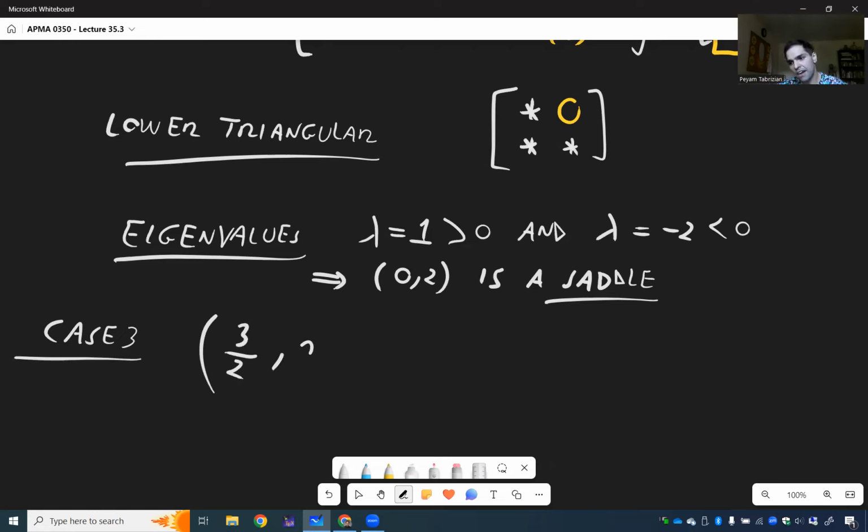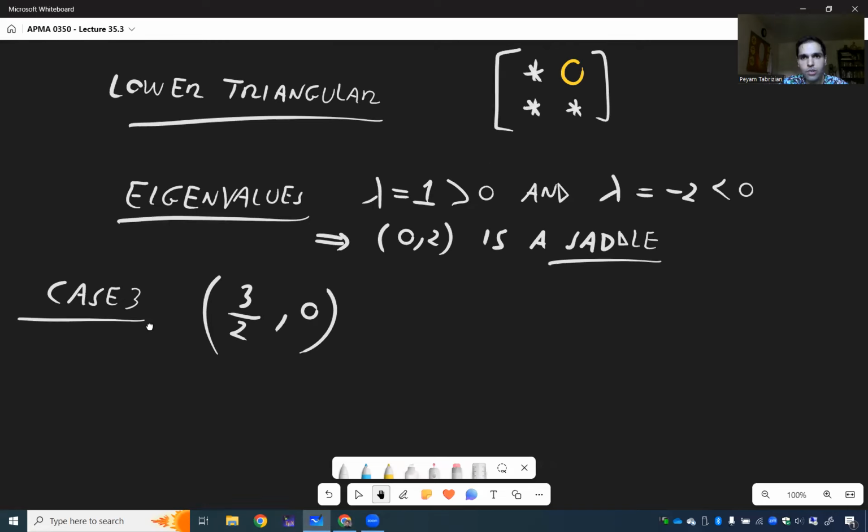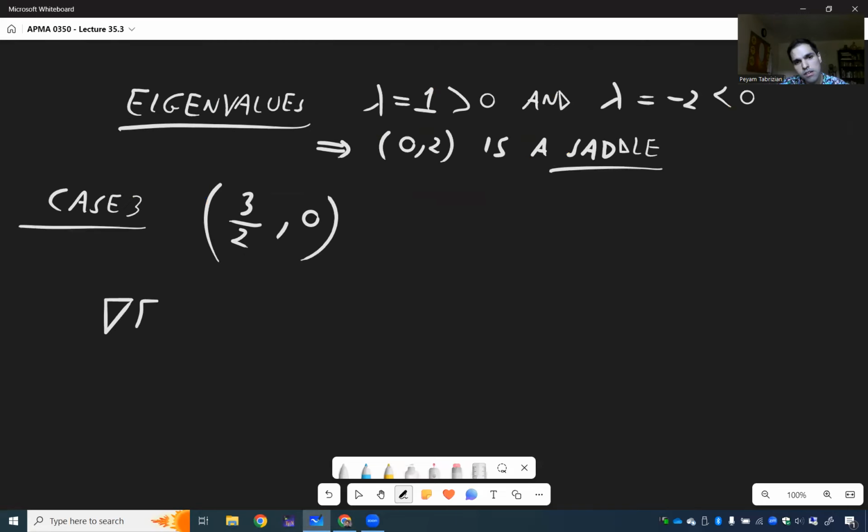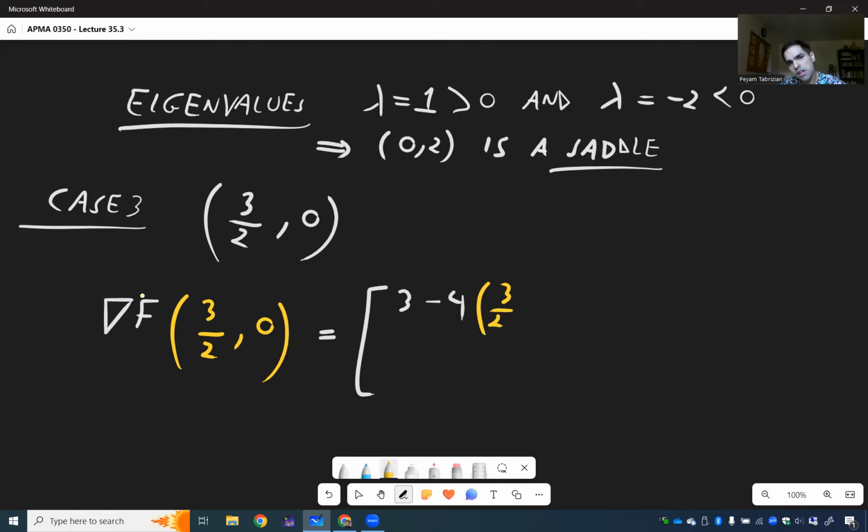So let's do (3/2, 0). So let's do the gradient of f at (3/2, 0). So that will be 3 minus 4 times 3/2 minus 0, and then minus 3/2 minus 0, and then 2 minus 2 times 0 minus 3/2.